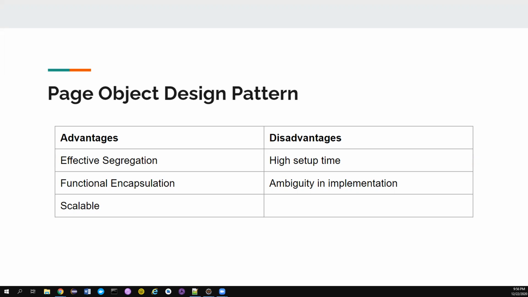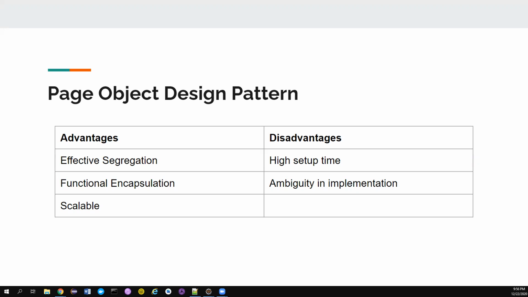We will create a class file for each of those. Again, it is not a hard and fast rule that you have to create exactly the same number of classes as pages. It depends, right? So there is a little ambiguity out there, but this is the most common understanding.